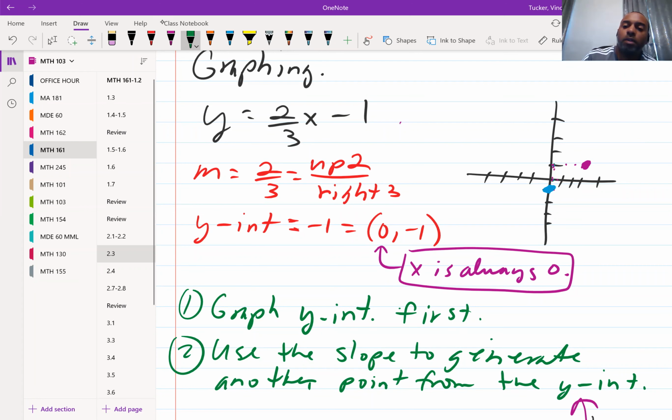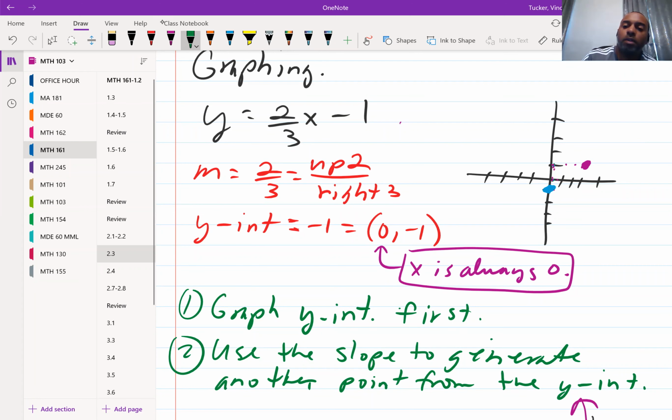Once again, our y-intercept will always have 0 for x as its coordinates. So first thing you would do is graph your y-intercept. So we will go to the y-axis and go up 4.